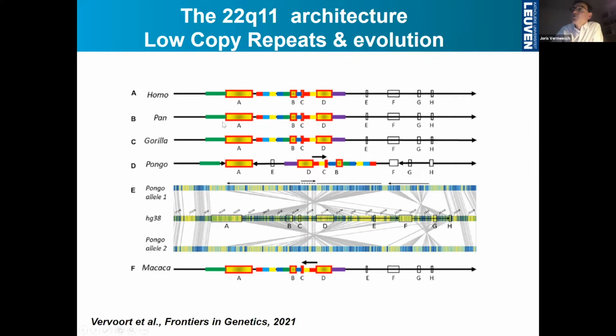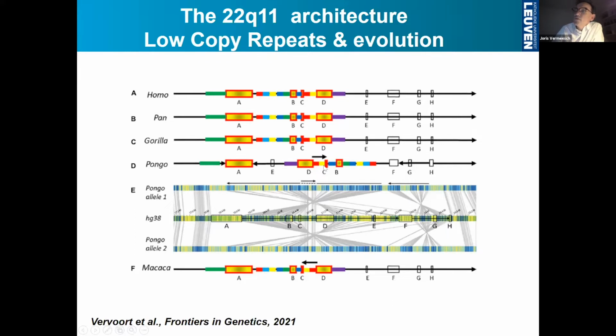The overall structure of the genome has remained the same, in that the order of the genes in the 22q11 region is the same in the chimpanzee and in the gorilla. There is quite a change in the orangutan. We see a huge inversion, and within that inversion, there's a re-inversion of the C and the D block.